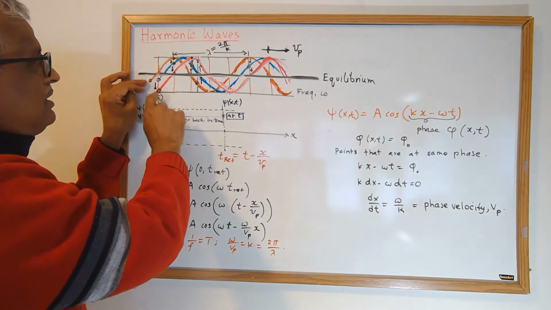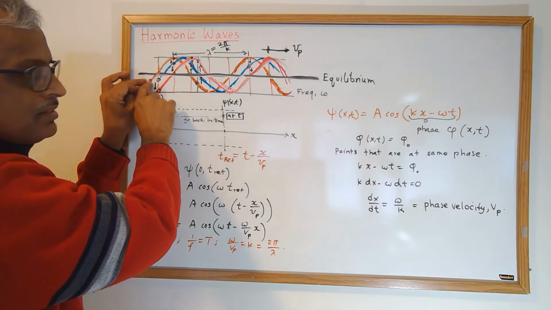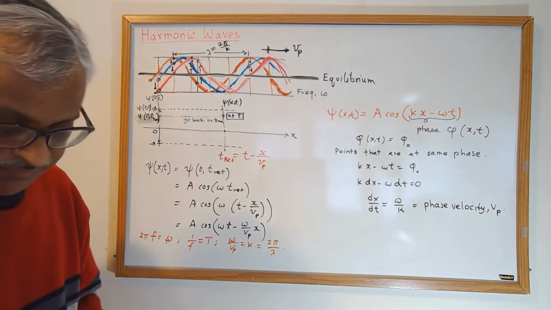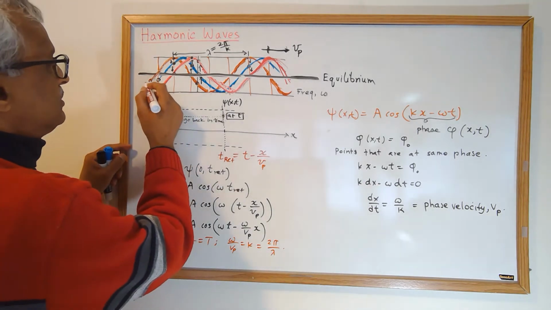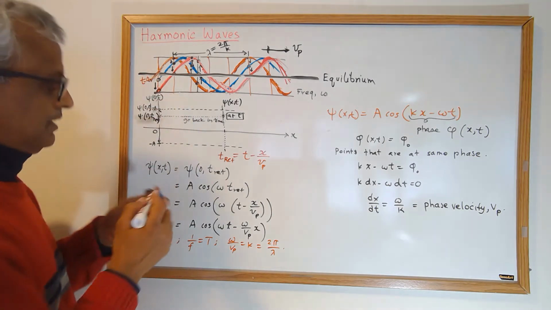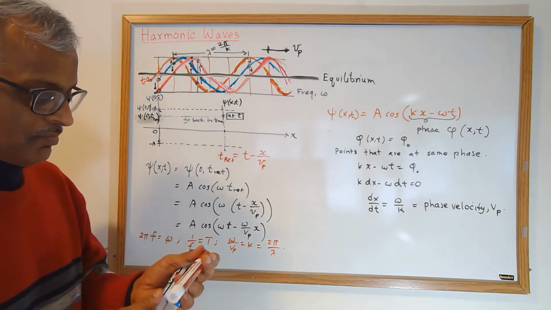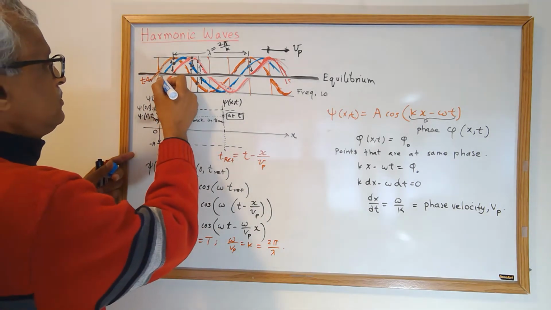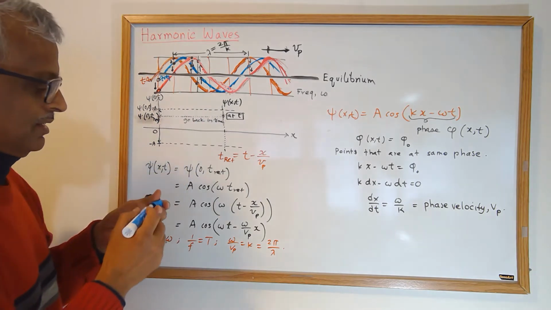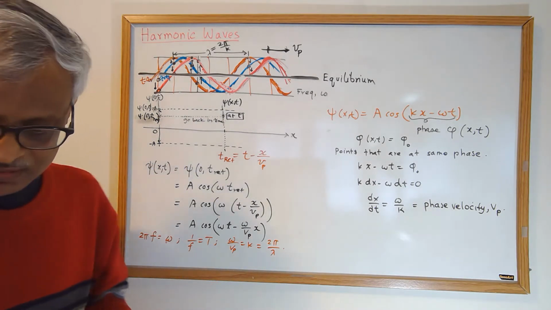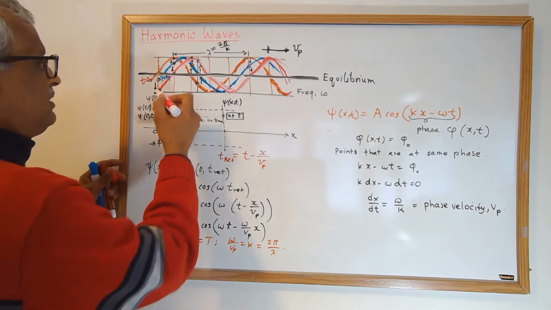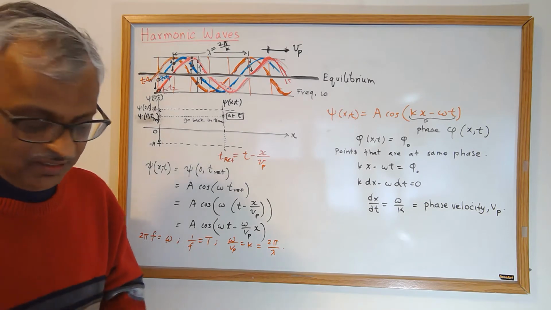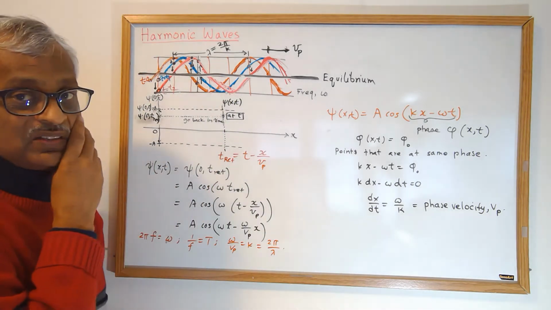This color is t equal to 0. Then this is t equals t1, a little bit later time, and then a little bit later still we have t equals t2. These have been drawn at three successive times.